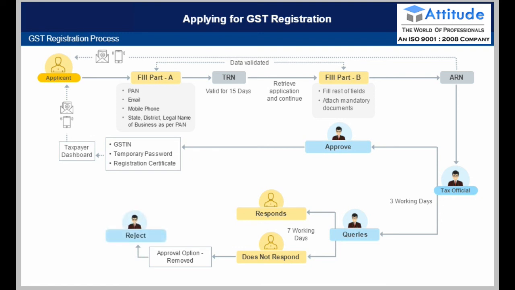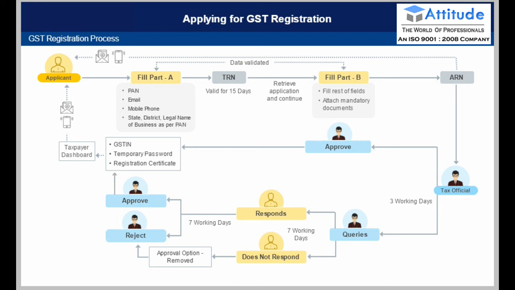Once the applicant responds to queries, the tax official needs to process them within the next 7 working days, where they can either approve or reject the application based on the applicant's response. If they approve it after reviewing the applicant's answers, the same approval process will follow.